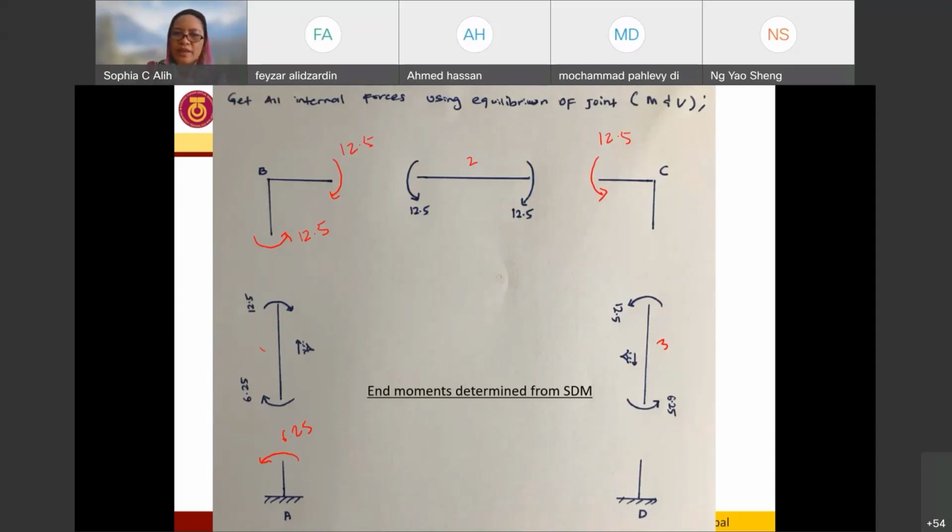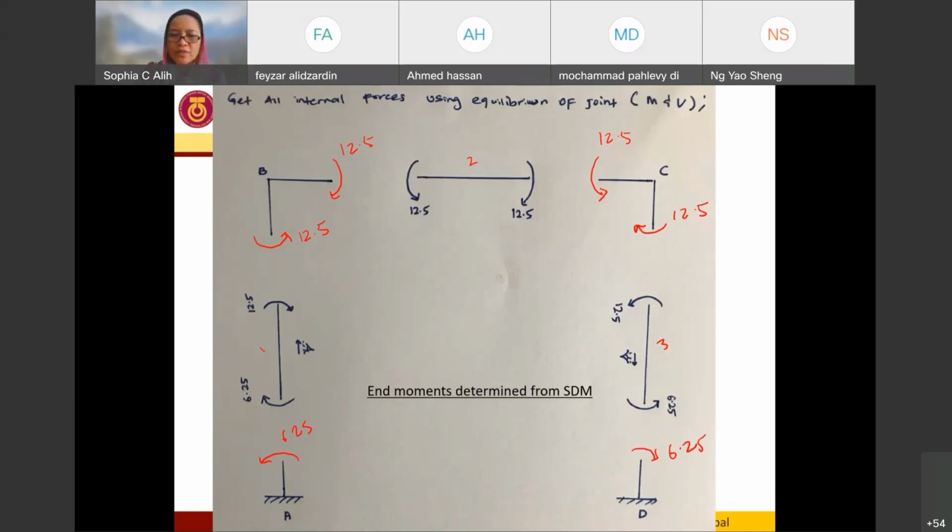So the moment I come, for example, this one is going to be counterclockwise, so this one should be clockwise direction 12.5, and this one is counterclockwise, so I have here clockwise direction 6.25.